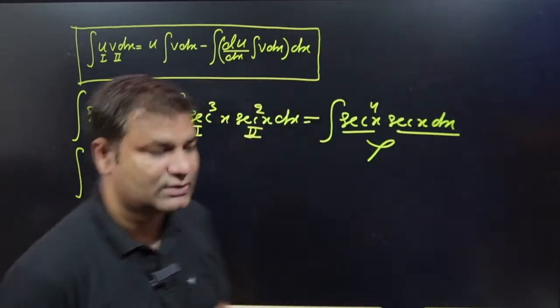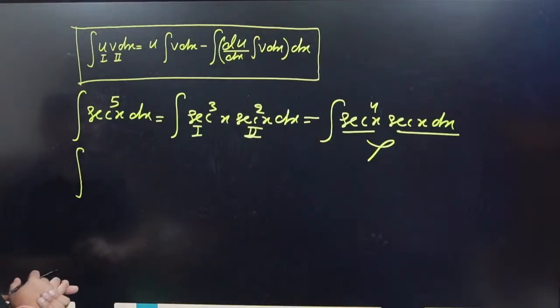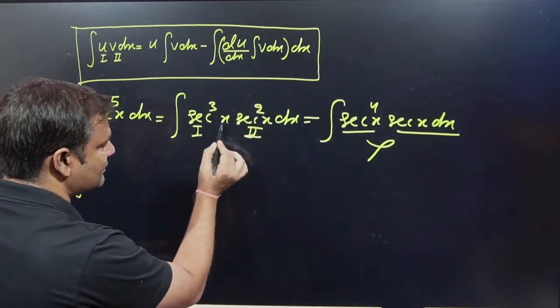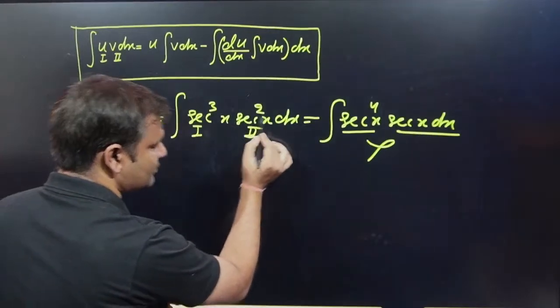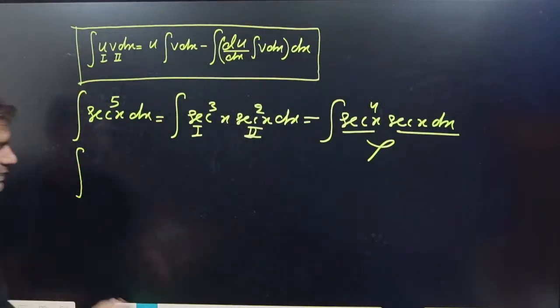That's why we choose how to solve this type of problem. First of all, this one is written as sec cube x into sec square x dx. What is the advantage of that one?